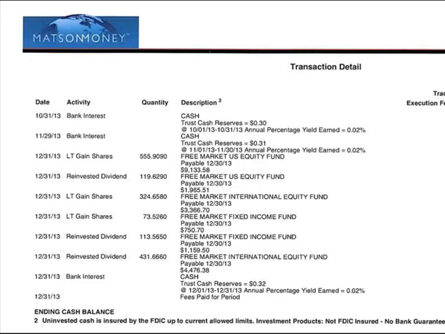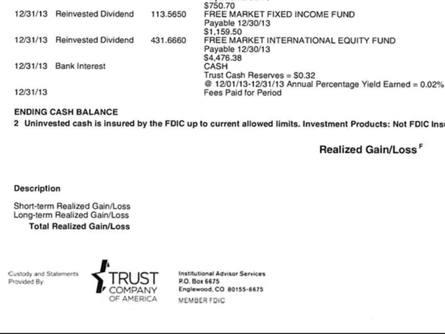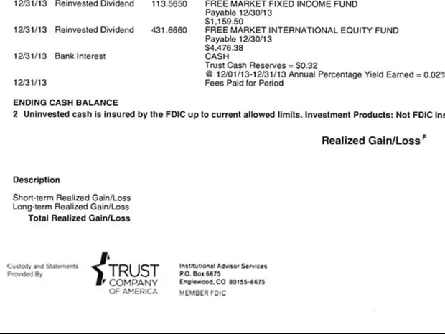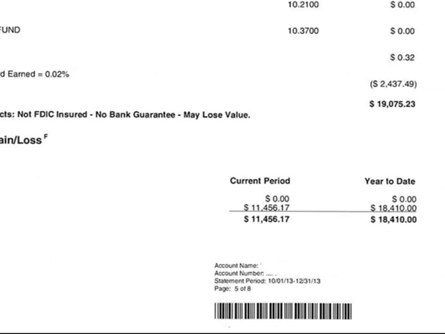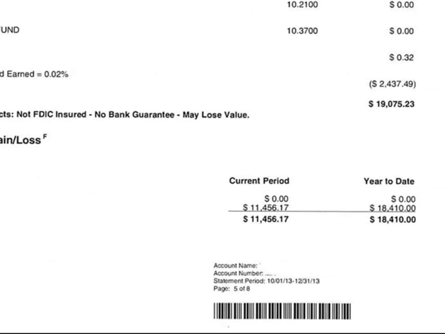Then at the very bottom, you'll see something called realized gain or loss. This is going to be different. This is going to be actually the realized gain and loss from selling a portfolio during that time period. And so this will often show zero because we don't sell specifically until a client needs a distribution.